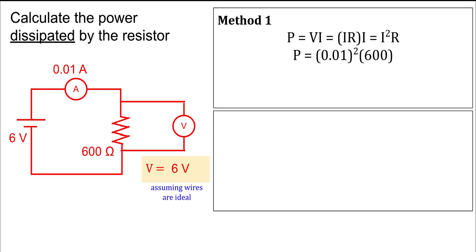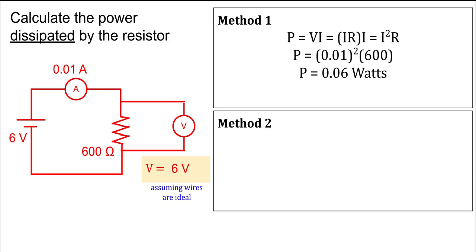But if we plug in our information from before, a current of 0.01 amps, resistance of 600, we will get that same 0.06 watts. The energy provided by the battery is the same as the energy dissipated by the resistor.